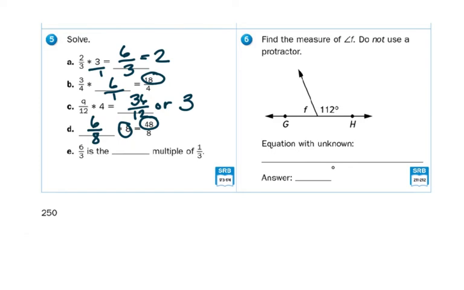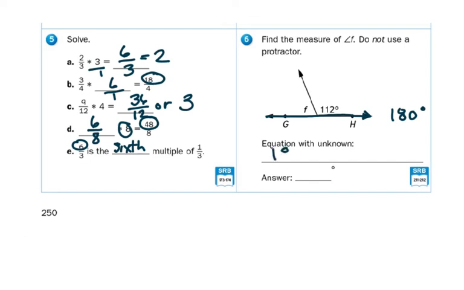E, 6/3 is the blank multiple of 1/3. Well, it's the 6th multiple. 1/3, 2/3, and so forth. And lastly, find the measure of angle F. Do not use a protractor. What do you know about an angle that's the same thing as a straight line? Well, it measures 180 degrees.